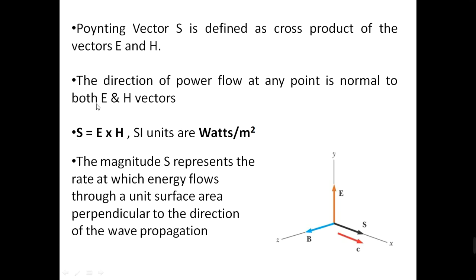So, mathematically it is represented as S is equal to E cross H, whose units are watts per square meter. Here, the magnitude of the Poynting vector represents the rate at which the energy flows through a unit surface area perpendicular to the direction of the wave propagation.